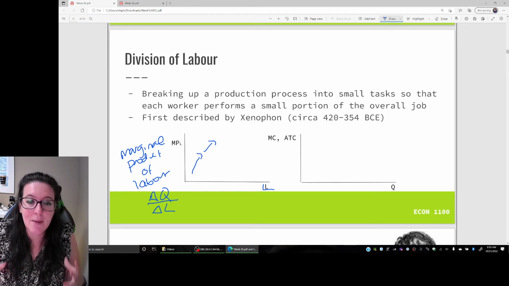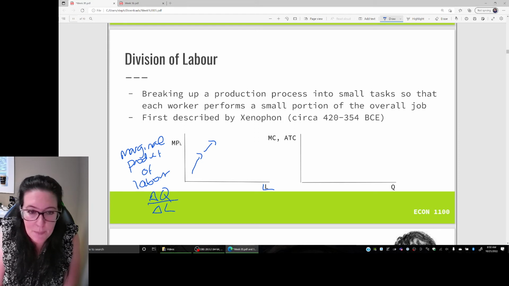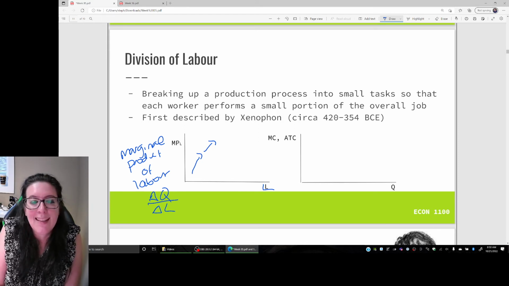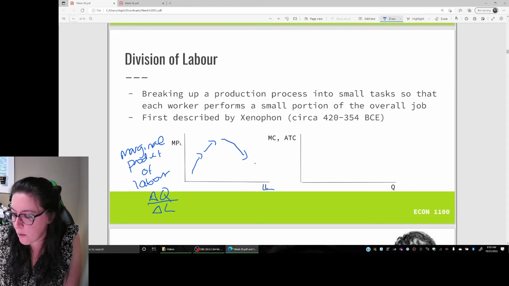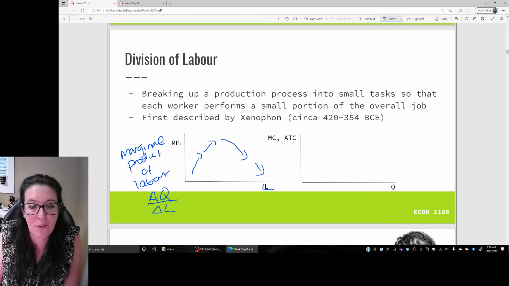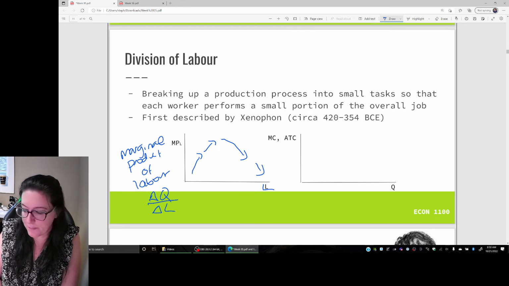But if we start adding more and more people, and there's really nothing new for them to do, so now we're just having 2 people each make walls, 3 people each do decorations, they're not adding as much as the person before, and so eventually that marginal product of labor is going to fall. Adding the additional people is not going to add anything to our production.